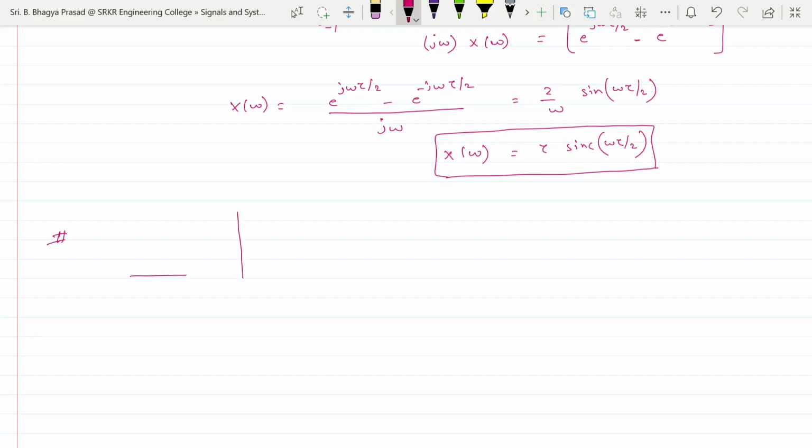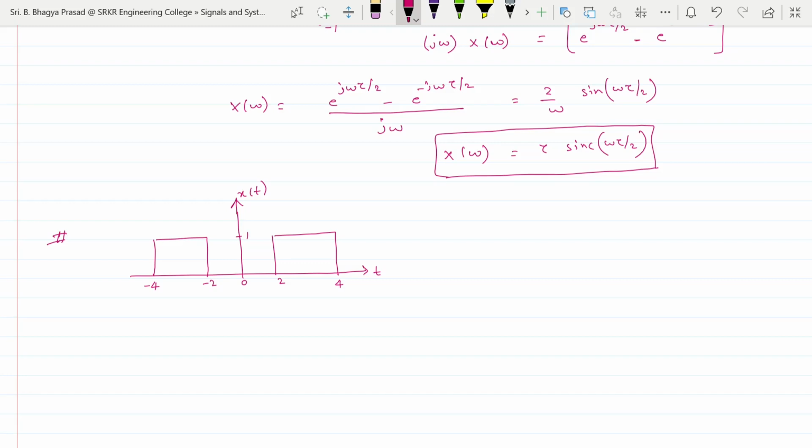So we consider two pulses at two positions, and this is x of t, and this is minus 4, minus 2, 2, and 4. Two pulses: in the duration minus 4 to minus 2 is one pulse, and 2 to 4 is another pulse. The strengths are the same. The strengths are 1.